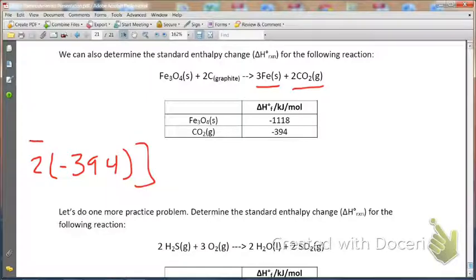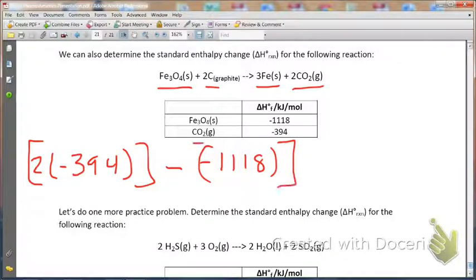Alright, and so we're going to then subtract that from the heat of formation of the reactants, which we have iron oxide, which we only have 1 mole of, so that's negative this value here. And then our carbon, which is elemental carbon, so it also has a 0 heat of formation value, so we don't include that in there.